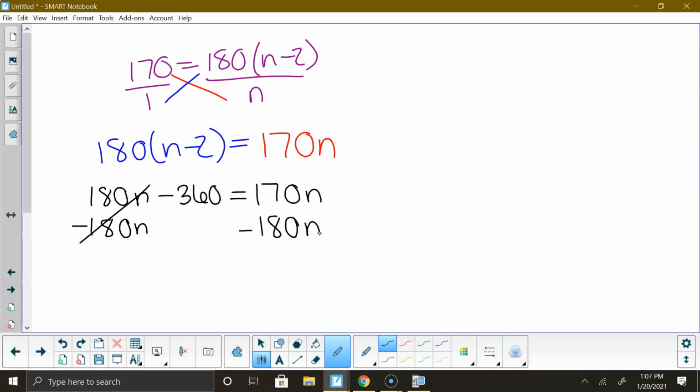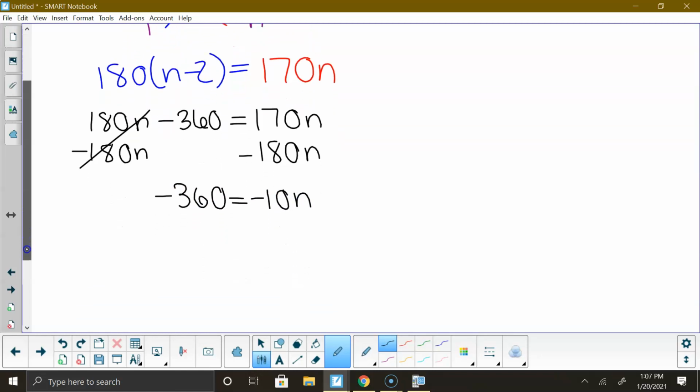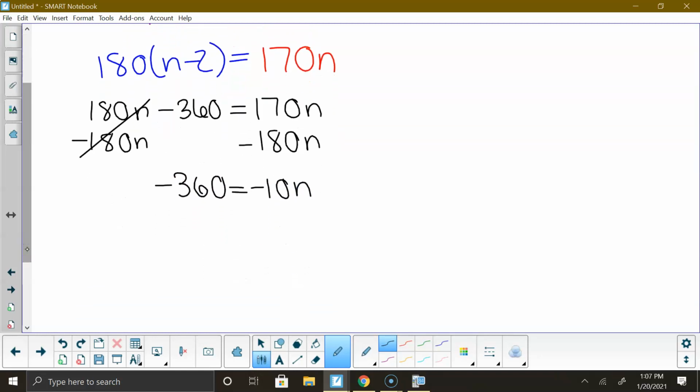And it's going to be negative, and that's okay. Because this is just negative 10n. Because if both sides are negative, n is going to be a positive. Alright? That's okay. You should still get 36.